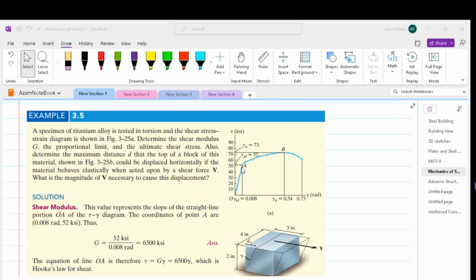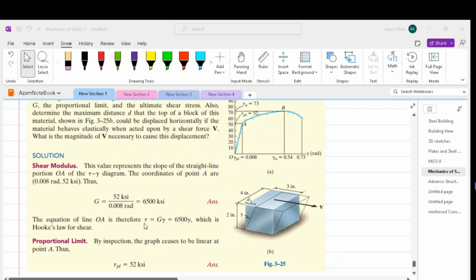Now, the first thing is to find out the modulus of rigidity. So from the sketch, from the stress-strain curve, we determine that at 52 ksi we have a strain of 0.008. Once the modulus of rigidity is determined, then we can use Hooke's law for shear, that is tau is equal to G gamma, and find out our gamma.